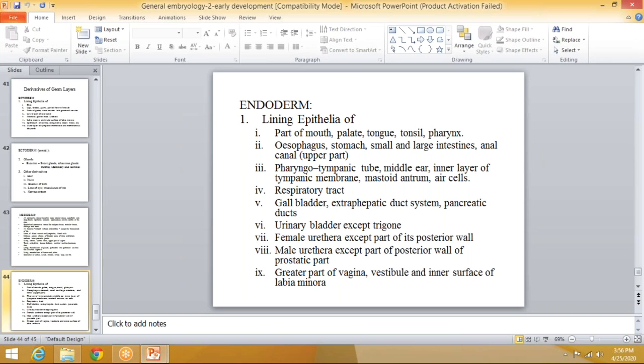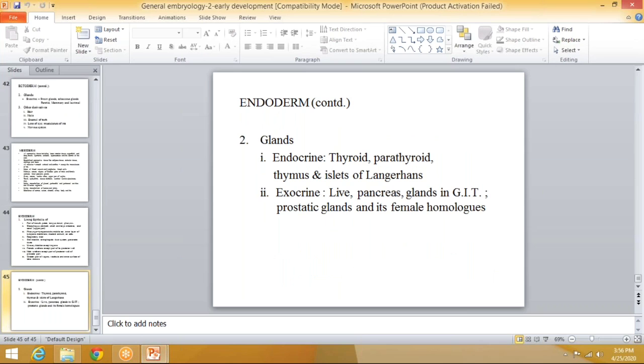They are lined by the endoderm. Along with that, the important glands: thyroid, parathyroid, thymus, islets of Langerhans, then exocrine glands, liver, pancreas, glands in GIT, female glands, and prostatic glands. All of them are endodermal in origin.